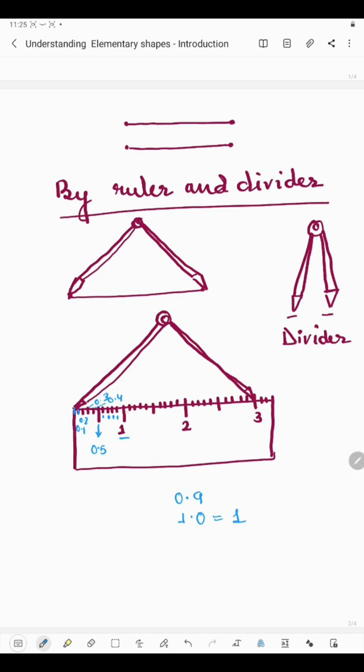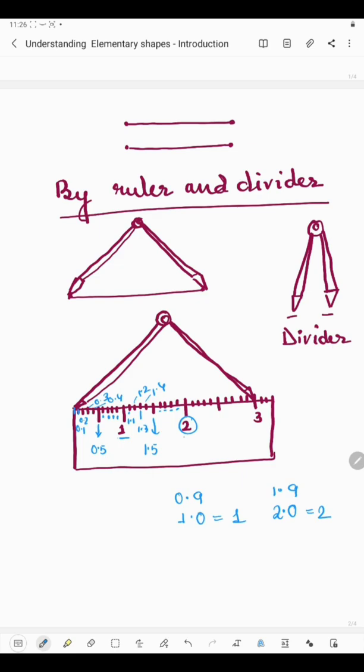Again after 1 is 1.1, then 1.2, 1.3, 1.4. Exactly in between 1 and 2 is 1.5. Then 1.6, 1.7, 1.8, 1.9. After 1.9 is 2.0, which means 2. So here is 2.